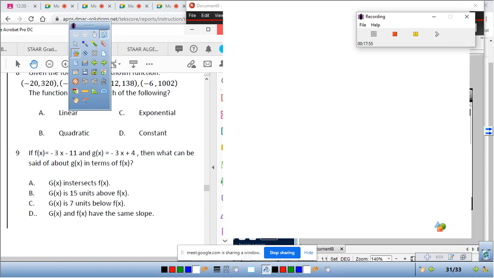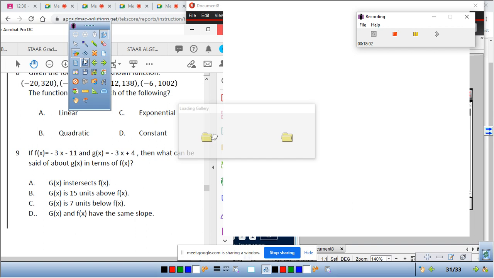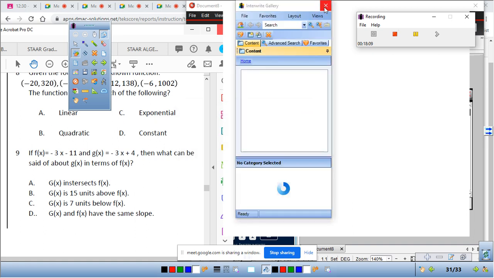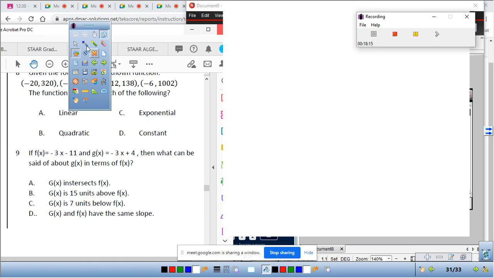Okay, so f of x is equal to negative 3x minus 11. So you should know how to do this stuff, right? You can graph them in the calculator, okay?